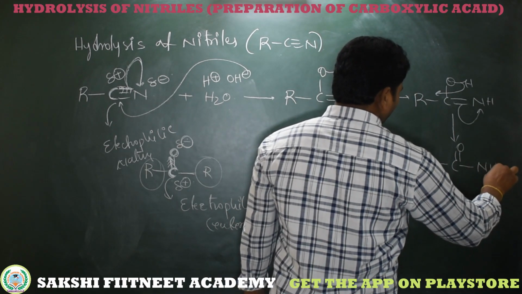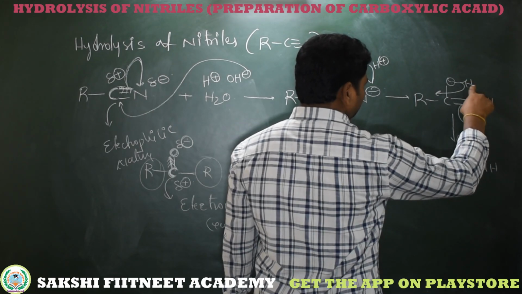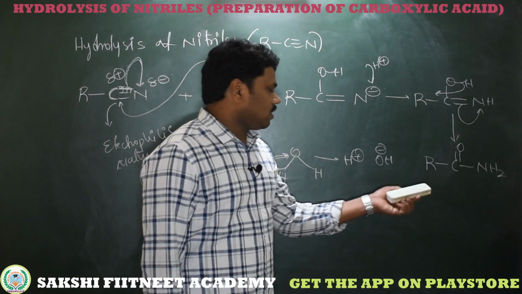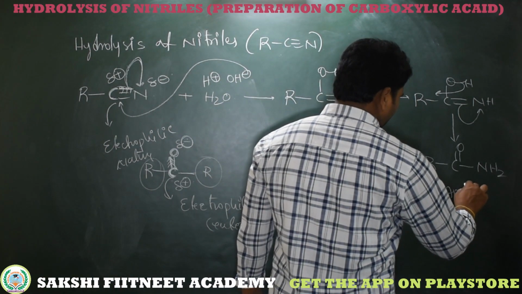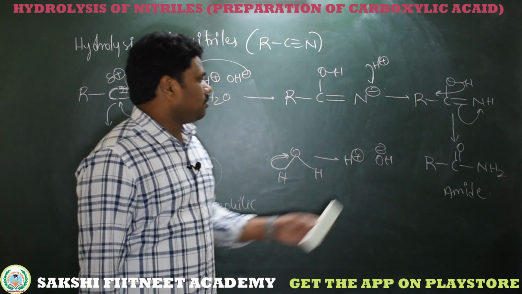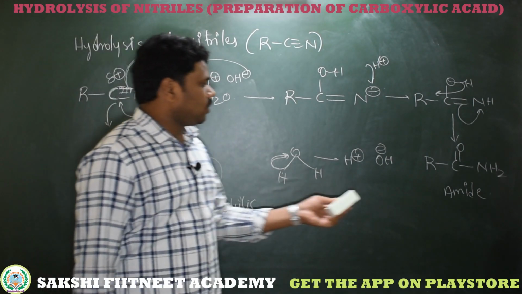The NH minus is neutralized by H plus and becomes NH2. This compound is an amide. So on partial hydrolysis, with 1 mole of water, nitrile is converted into amide.